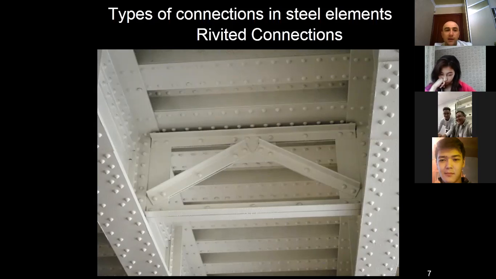So that's why nowadays this type of connection can be met not so often like previous ones.